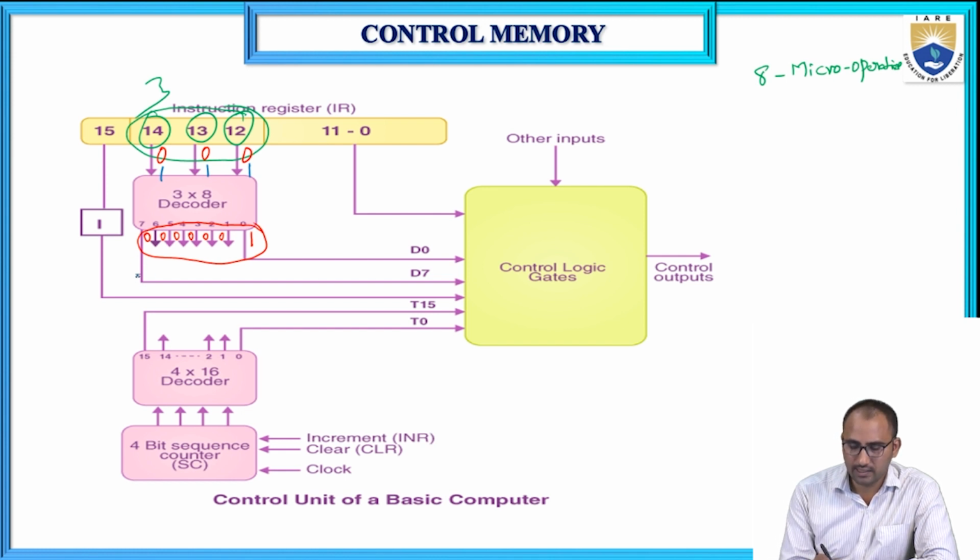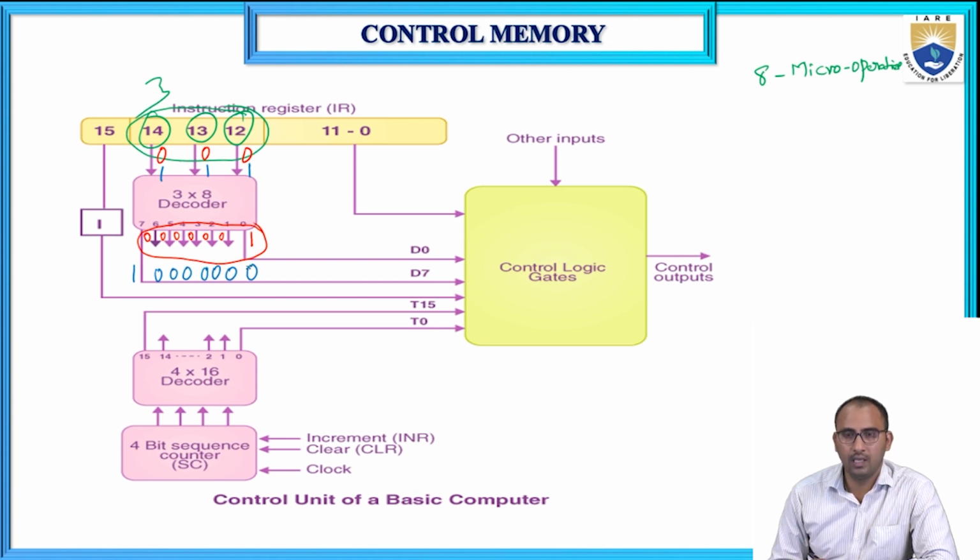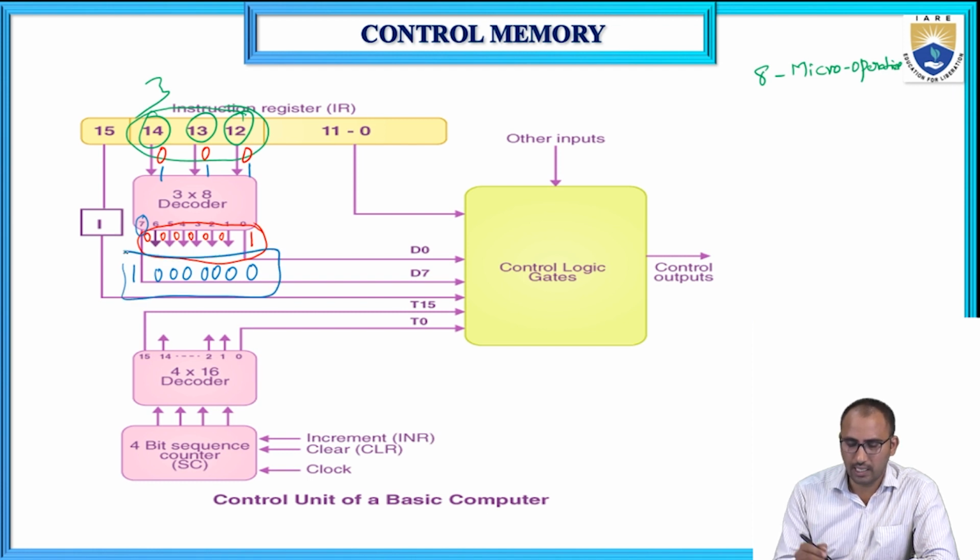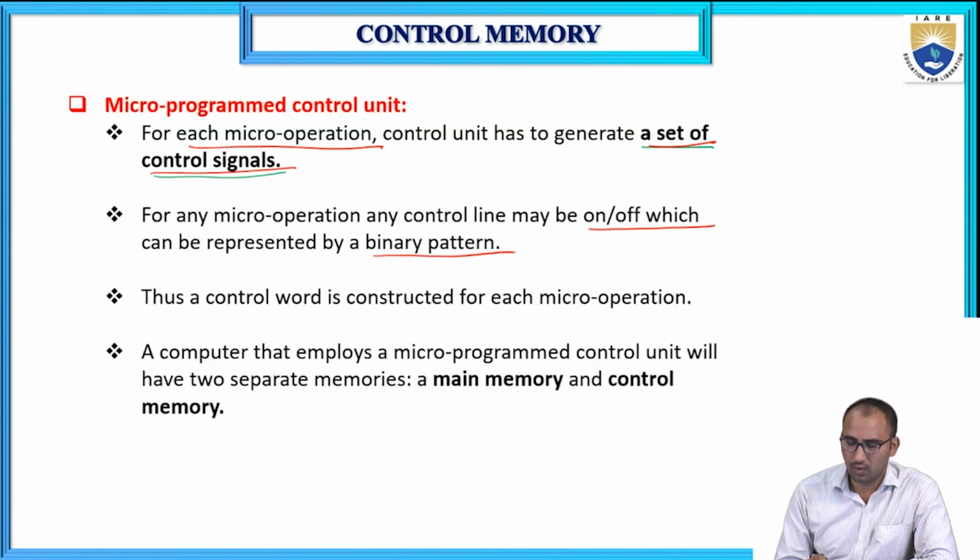It will generate the sequence 1 0 0 0 0 0 0 0, because when all inputs are triple one, then the seventh output of the decoder will be logic high, and the remaining outputs are zeros. Like this, for every micro operation, it will generate a different binary pattern. Okay. So the control word is constructed for each micro operation.